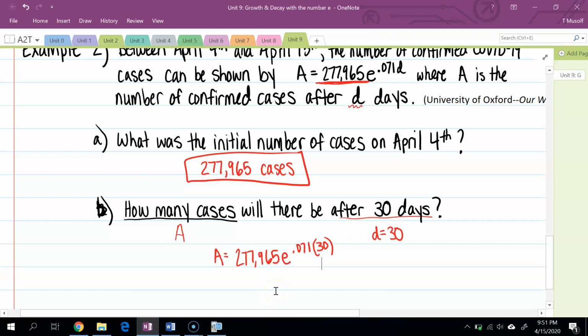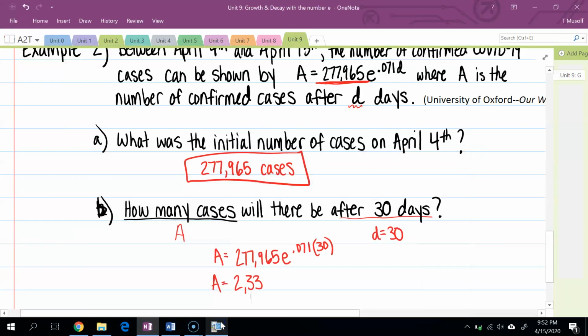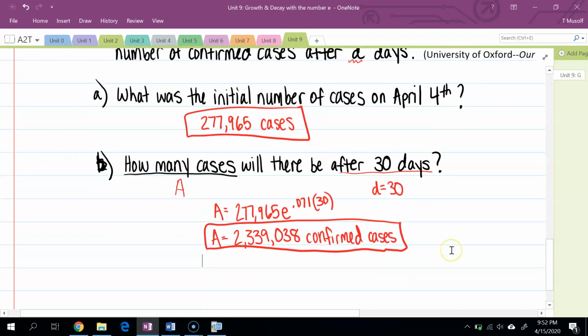Let's write that down: 2,339,038. And again, I like to have units, so that's cases, or confirmed cases. The reason we're specifying confirmed is that supposedly there are a lot more cases than they can confirm. So this is just confirmed cases.